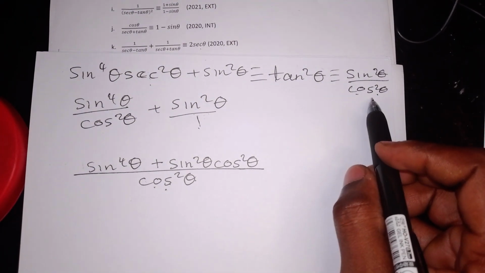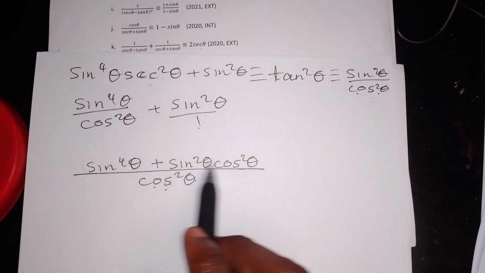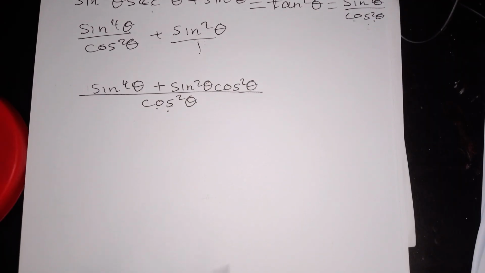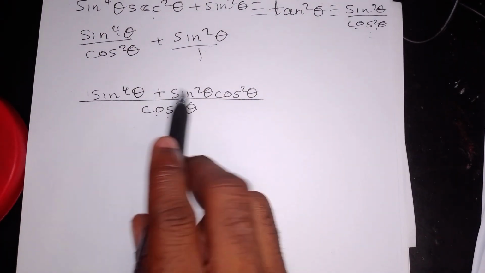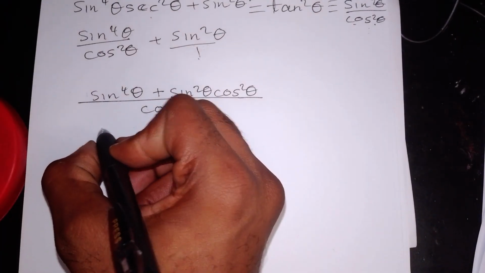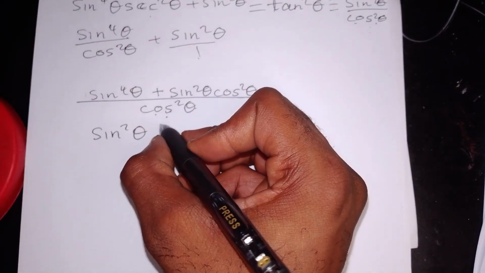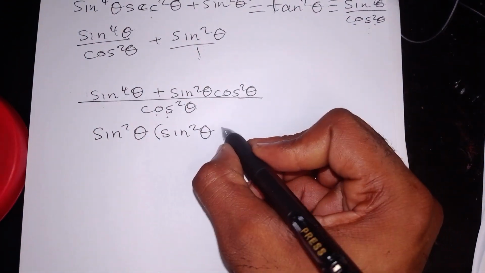So the denominator has been satisfied. Our aim is to obtain a sine in the numerator. So how do you do that? Actually, we want a sine squared theta, so I can just factor out sine squared theta and then mess around with whatever I have in the brackets. Okay, I can see we're getting something amazing.